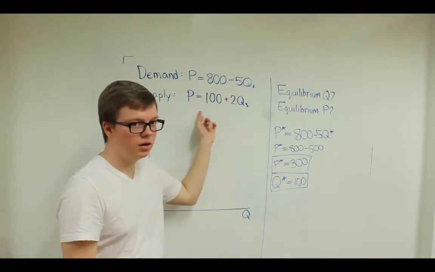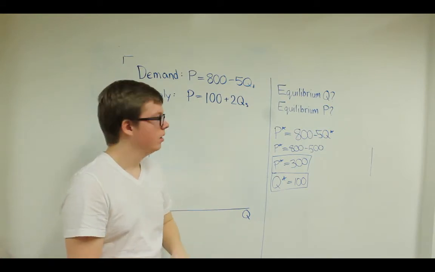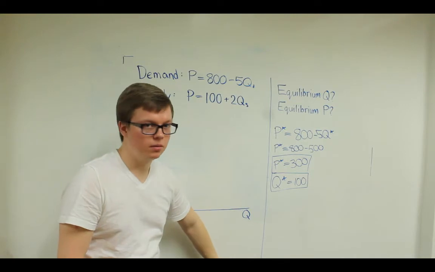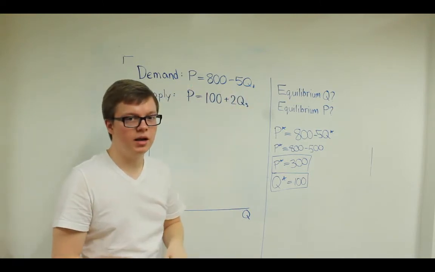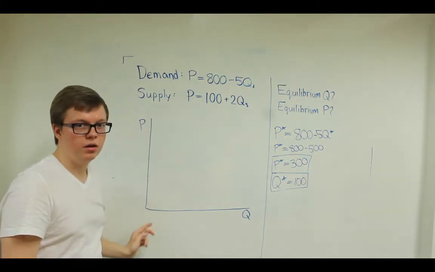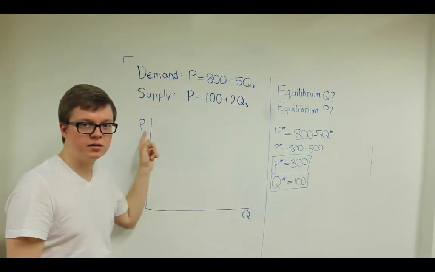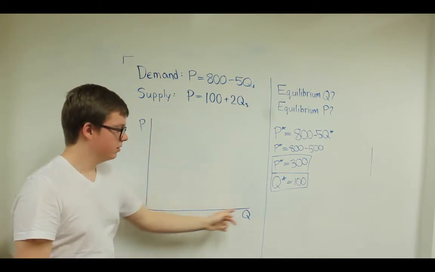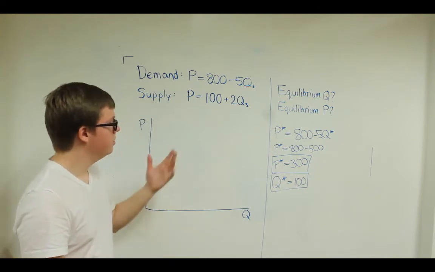Basically these are equations that are in slope-intercept form, like from algebra. So I think probably the easiest way to graph the demand is to find the y-intercept, where the line intersects the price axis, and also the quantity intercept. How do you do that?